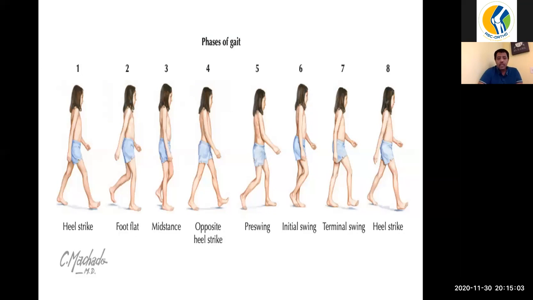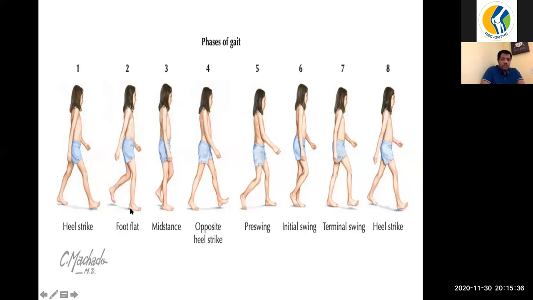It starts with heel strike, foot flat and midstance, and pre-swing, initial swing, terminal swing, and heel strike. For us, the most important are foot flat and midstance. Why? Because when you heel strike, you start to apply pressure through your ankle and foot, and this weight will be transmitted through these two joints to the ground.